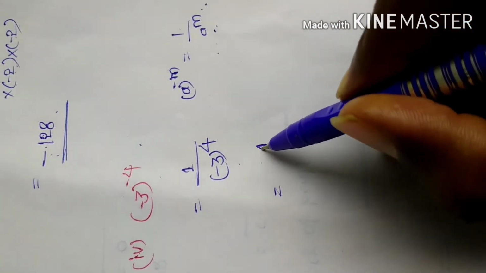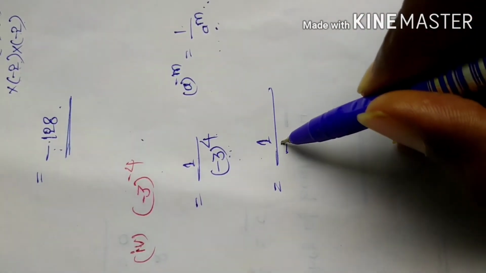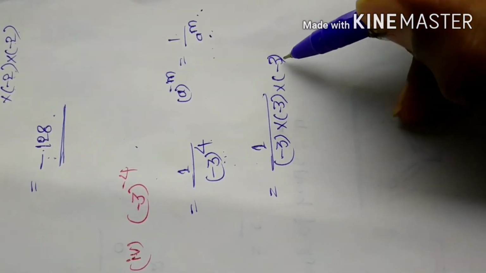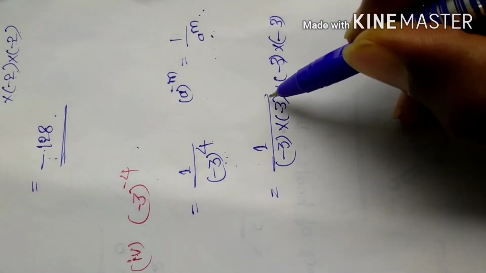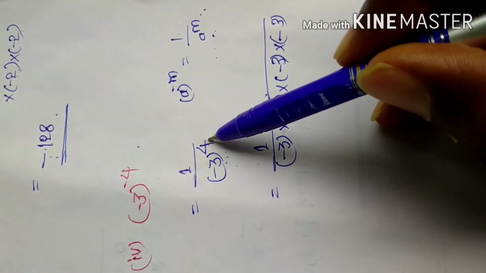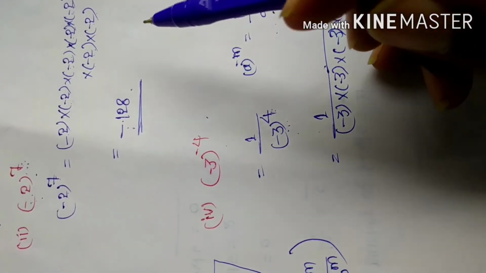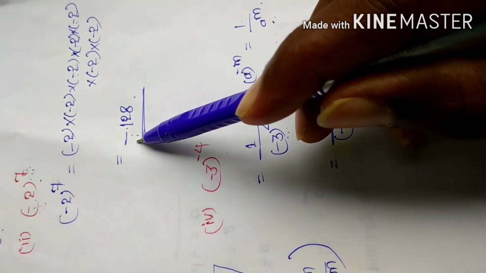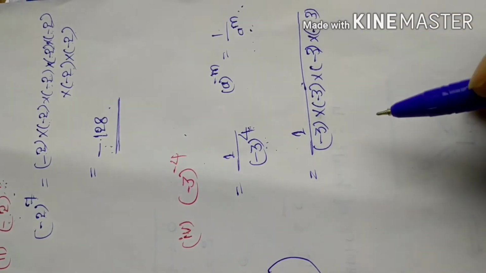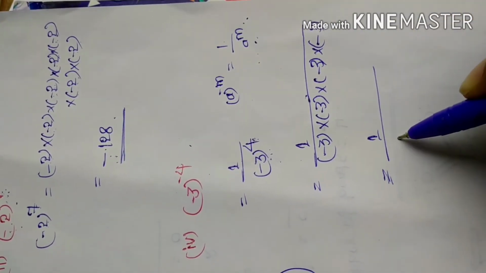Now, 1 by minus 3 is multiplied how many times? 4 times. That means you can write minus 3 into minus 3 into minus 3 into minus 3. Already in the previous problem we have discussed, if the exponent is an odd number the result will be negative. If the exponent is an even number you will get a positive value only.